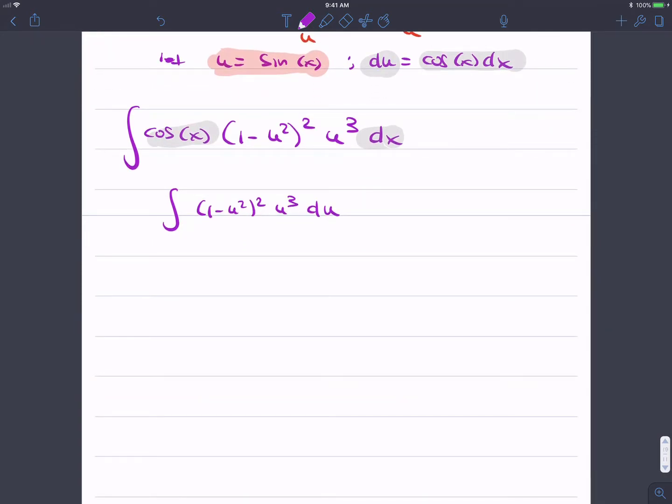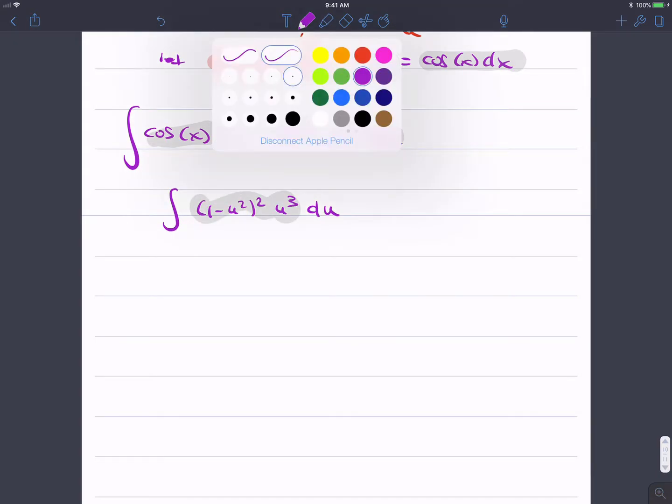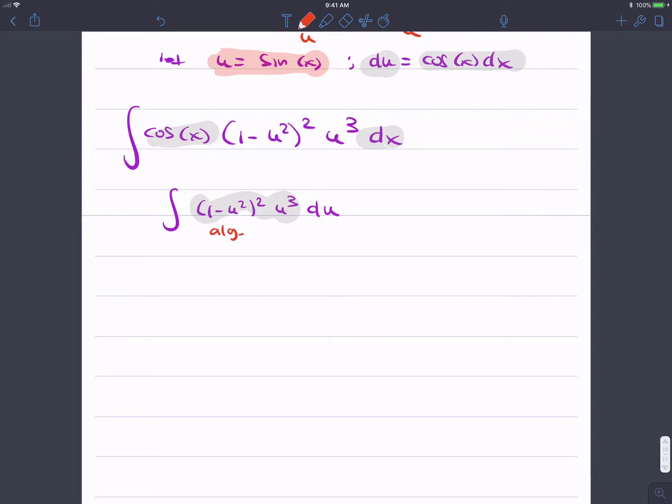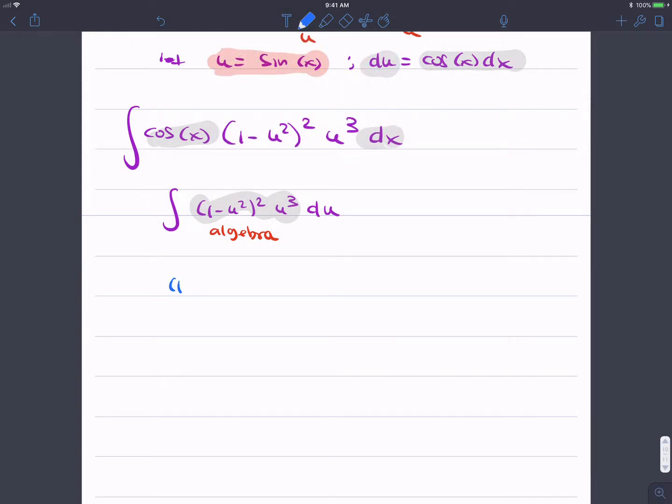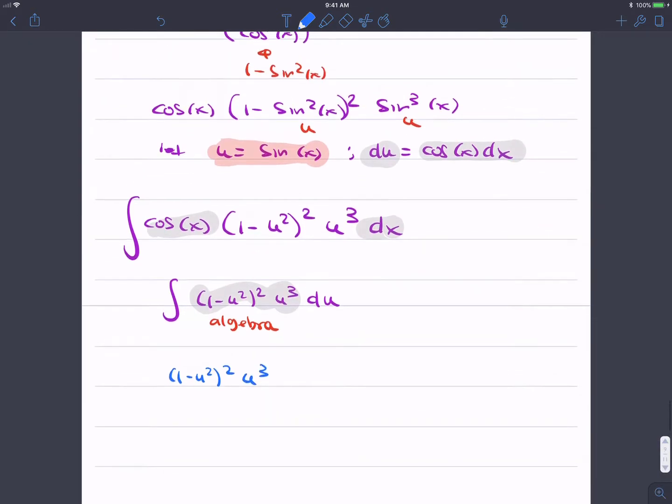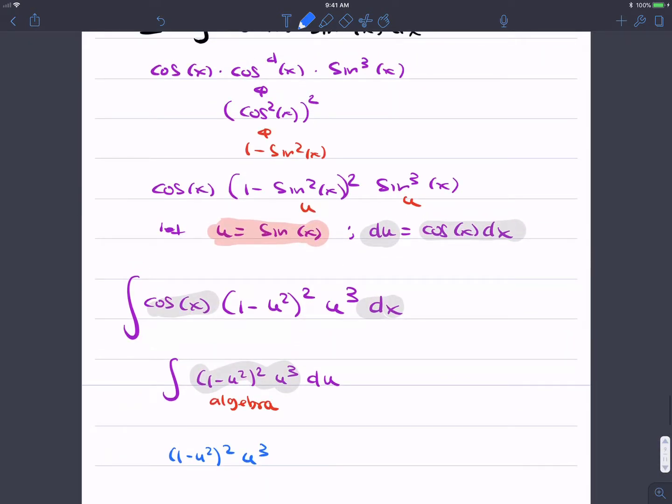So this portion over here now, if we focus on it, we're going to use some algebra. So 1 minus u squared squared u to the third. Let's double check to see if our work is okay.